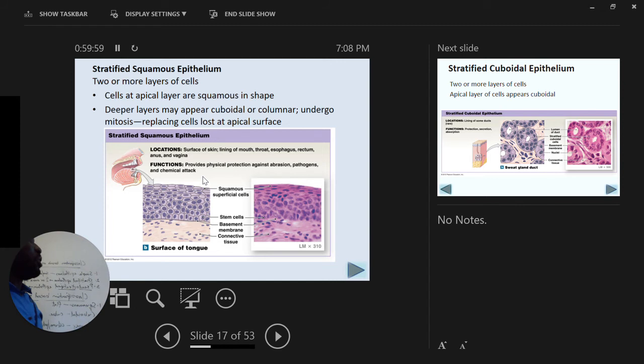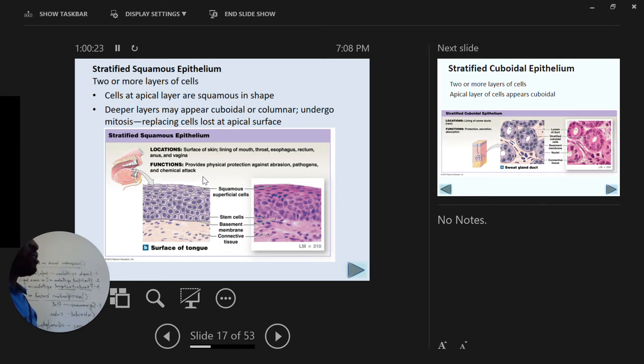Now, this is stratified squamous epithelium, right? Stratified means that it has more than one layer. Squamous means that they are flat cells. Now, when you come here, is this cell a flat cell? Yes.